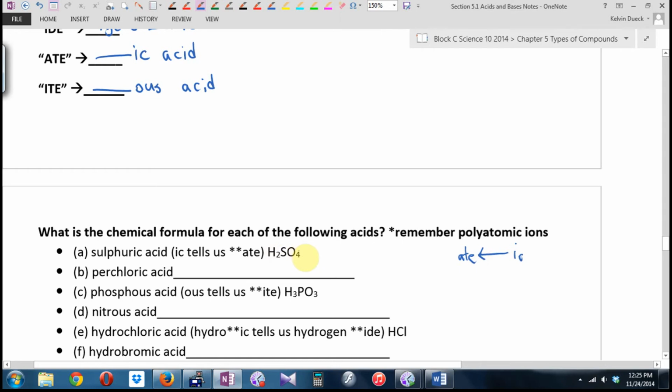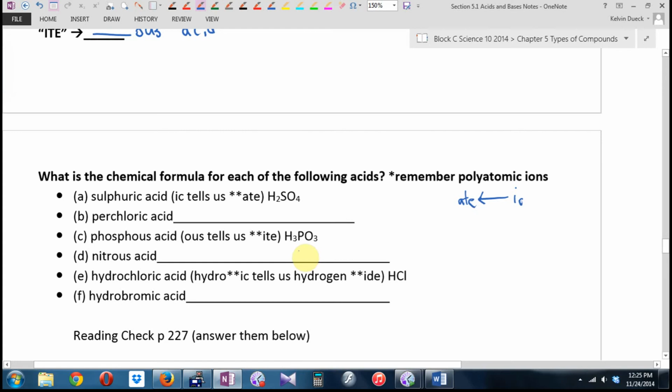Holy smokes. Perchloric acid. Say what? Okay. What does it end in? Ic. Is there a hydro in front of it? So this must have been perchlorate. So I have hydrogen, which is a plus. What's perchlorate? Please tell me that's a polyatomic ion on my pink sheet. It is? What's its formula, Matt? Can you read it to me?